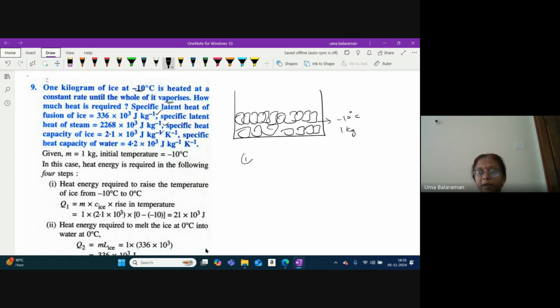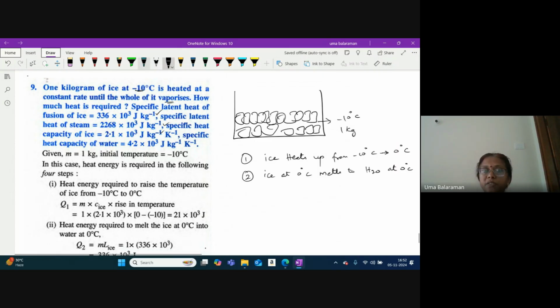Number 1, ice heats up from minus 10 degrees Celsius to 0 degrees Celsius. Number 2, ice at 0 degrees melts to water at 0 degrees Celsius.